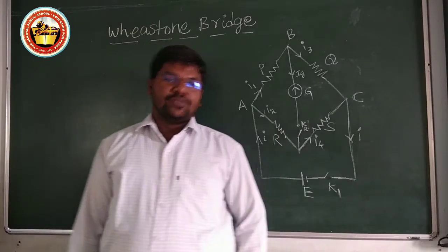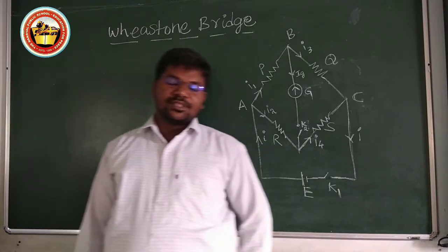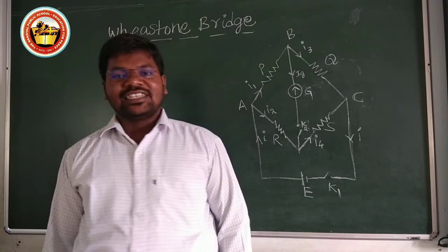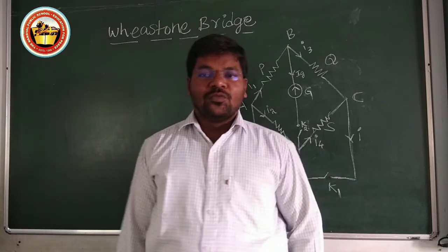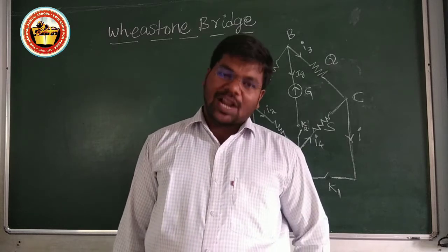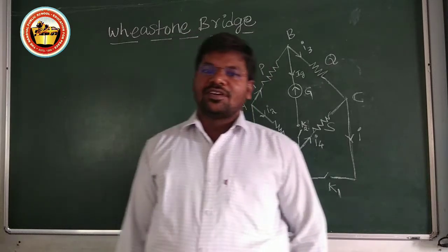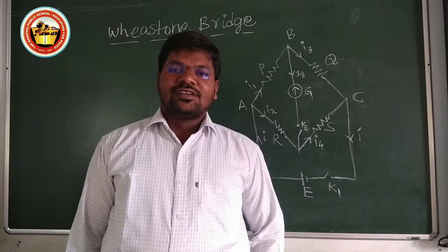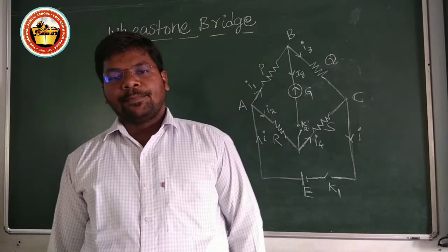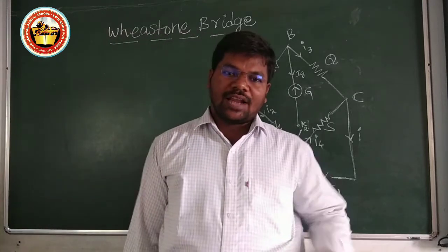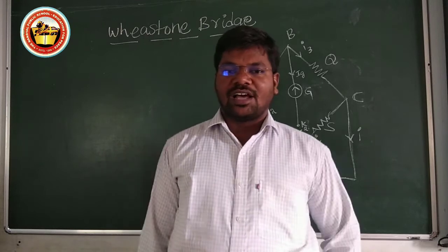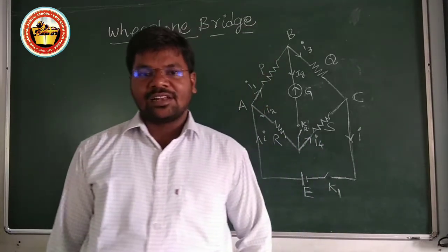Coming to the Wheatstone bridge. The Wheatstone bridge is an arrangement of 4 resistors used to measure one of them in terms of the other 3. Consider resistances P, Q, R and S connected in the 4 arms of a quadrilateral.